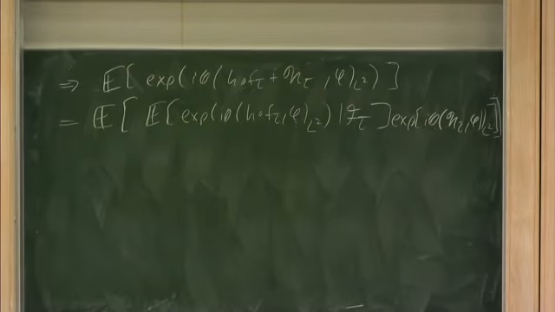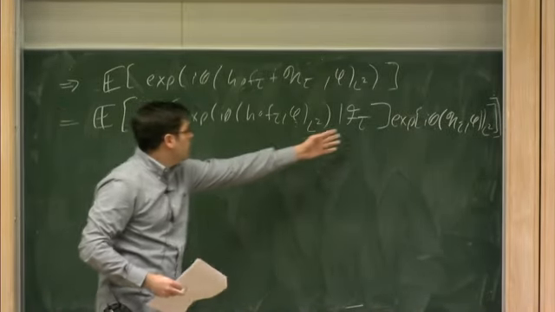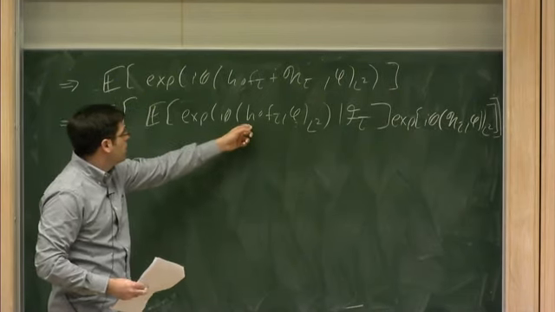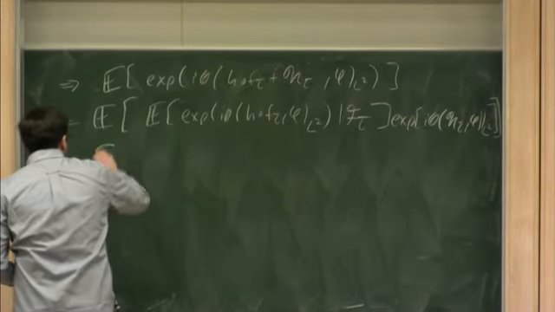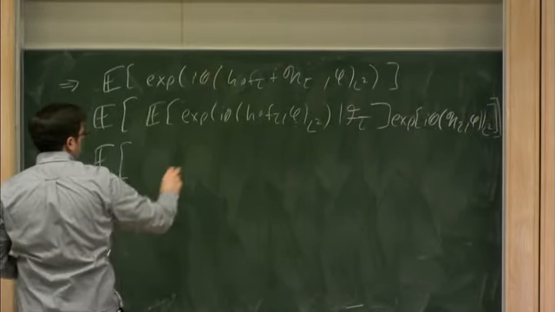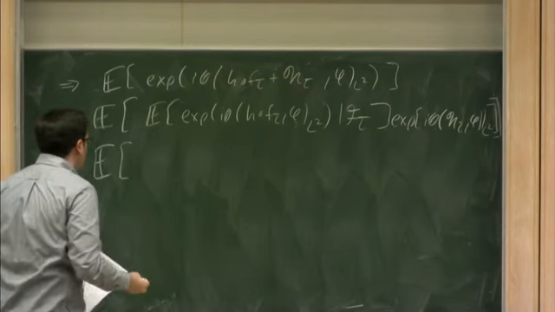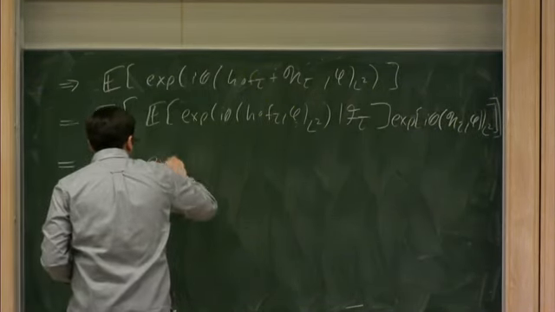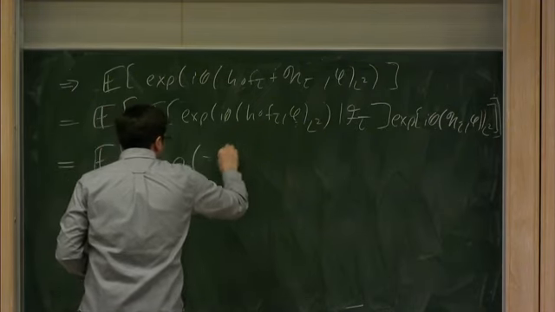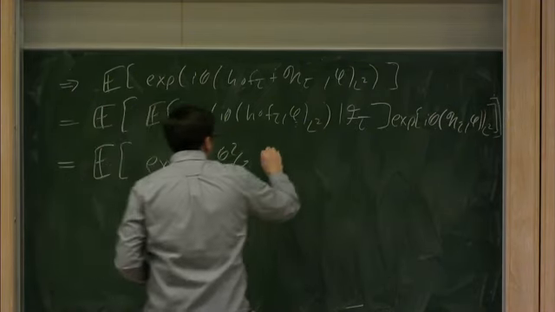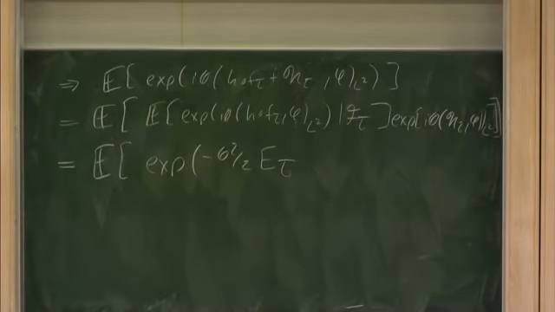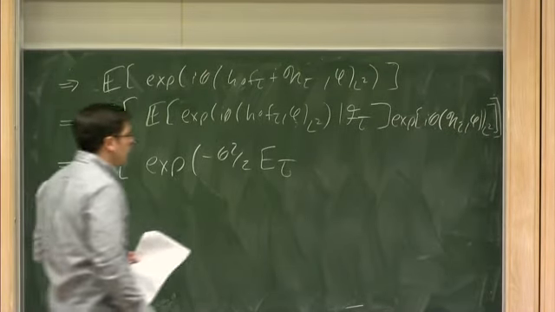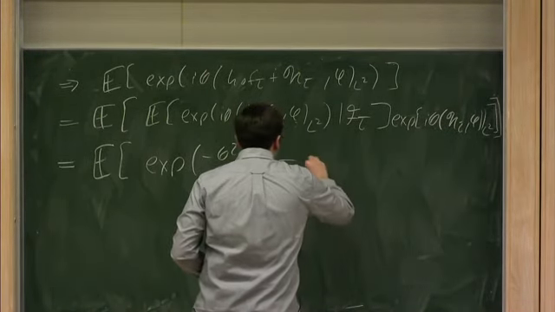All right, but we know that given f tau, this is just a Gaussian free field integrated against this test function. So we can calculate this conditional expectation here. It's just going to be given by minus theta squared over 2 times what I called e sub tau. Okay, so we took care of that part, and now I'm just going to copy in the second term here.